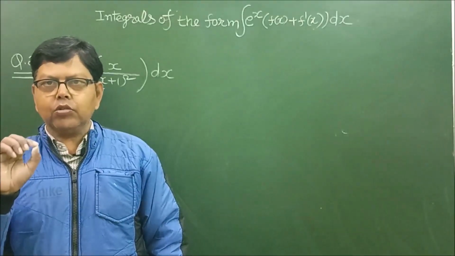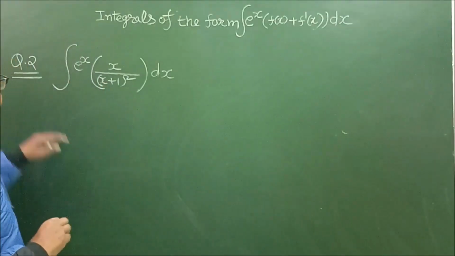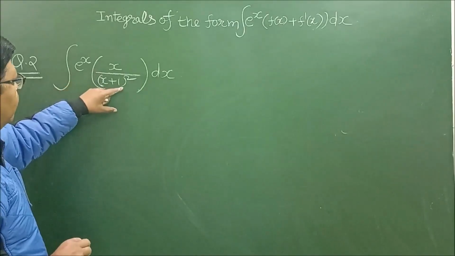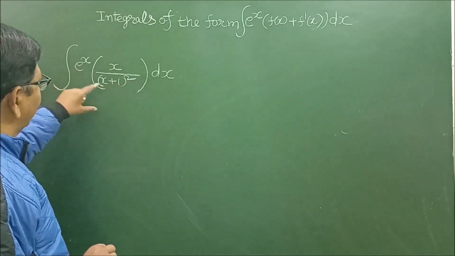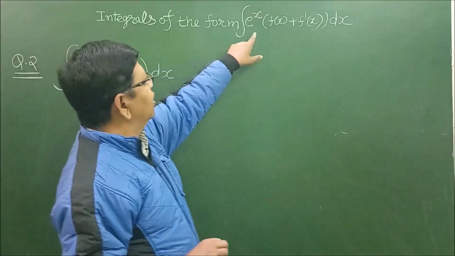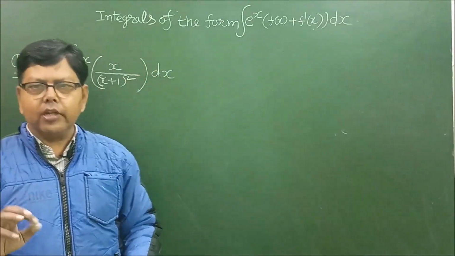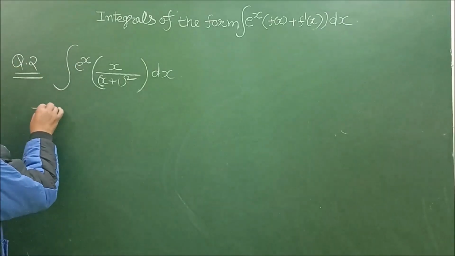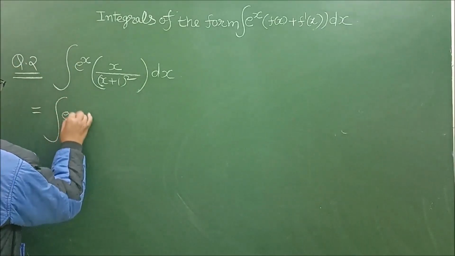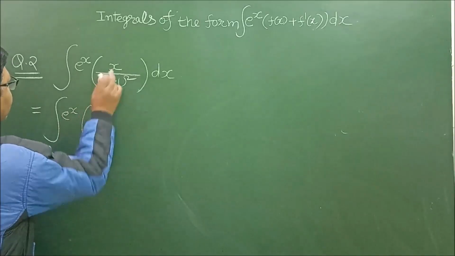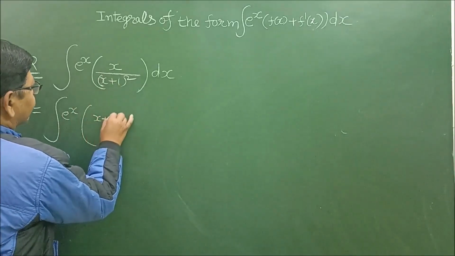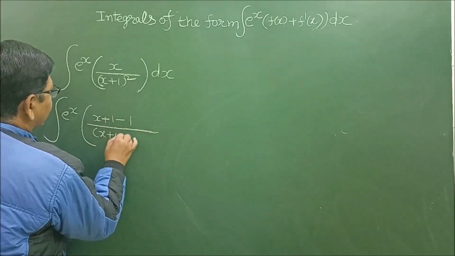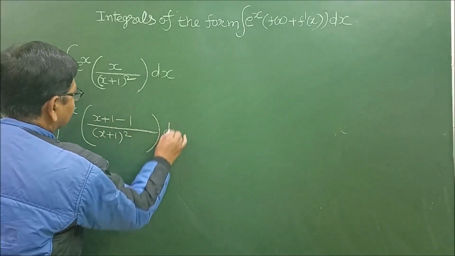Next question, question number 2. Find the integral of e^x/(x + 1)² dx. So let us try to bring it in this form, e^x, the function, plus its derivative. So इसको थोड़ा सा हम अरेंज करके लिखेंगे, e^x, and I can write x as (x + 1 − 1)/(x + 1)² dx.